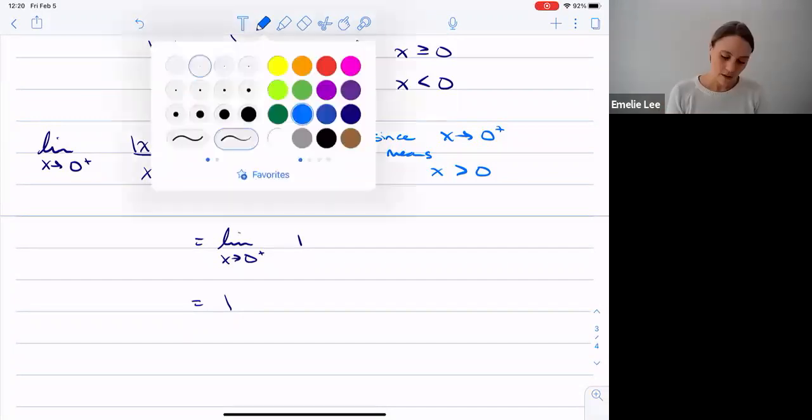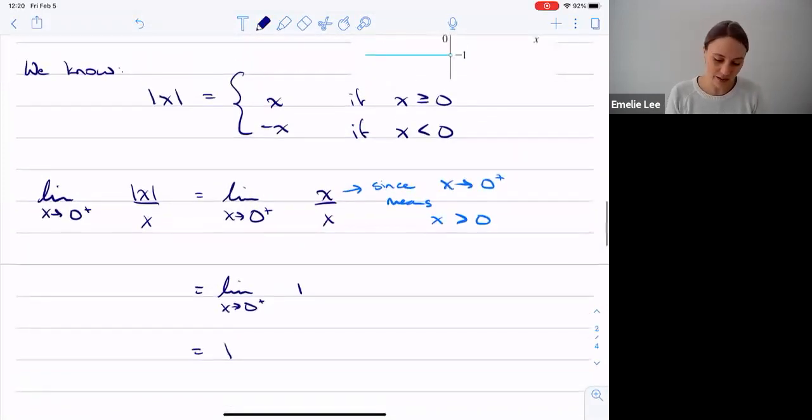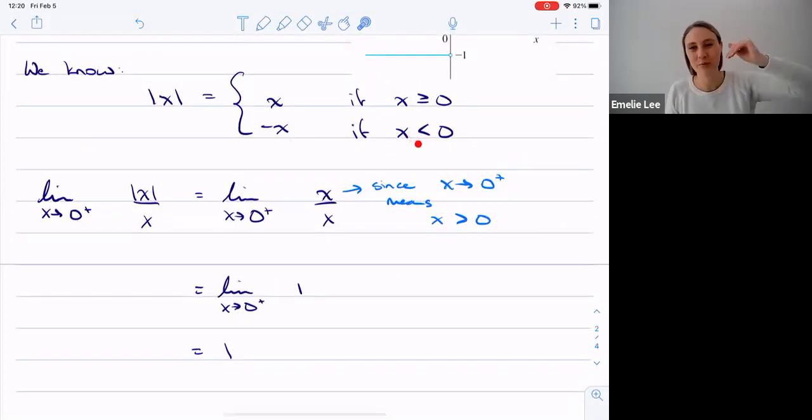Okay, so now you can probably see the pattern. If I'm coming in from the left, then I'm coming in from the negative values, which means the absolute value of x is going to be replaced by negative x.